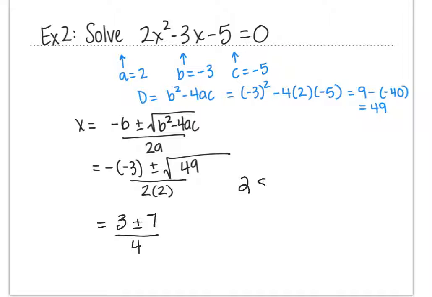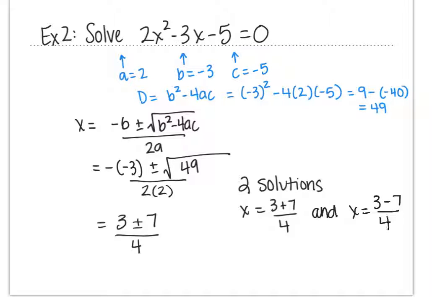So for this equation, the two solutions will be x equals 3 plus 7 divided by 4, and x equals 3 minus 7 divided by 4. So if we simplify this, we will get 10 over 4, which can be simplified further by factoring out a greatest common factor of 2.